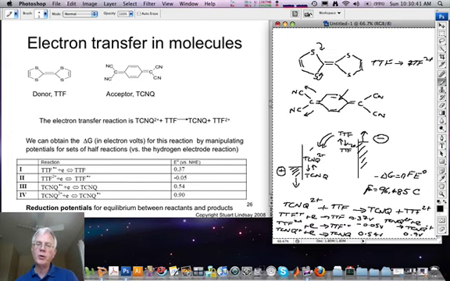The overall reaction that occurs in this diode then, by this electron transfer step in the middle, is TCNQ2+ and TTF on the right electrode becomes TCNQ on the left electrode and TTF2+ on the right electrode. And the question is, what is the driving free energy for this reaction?